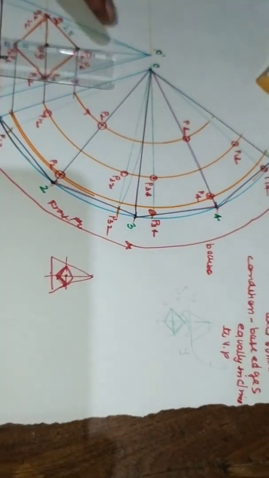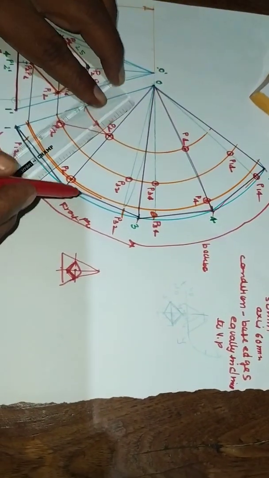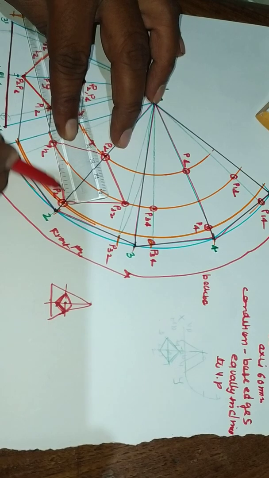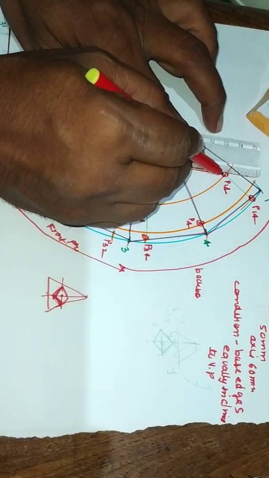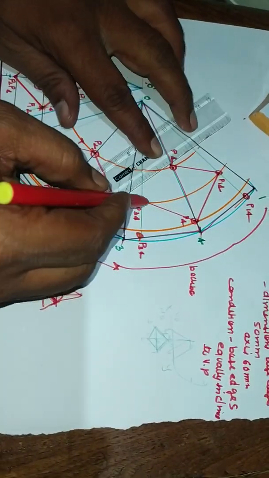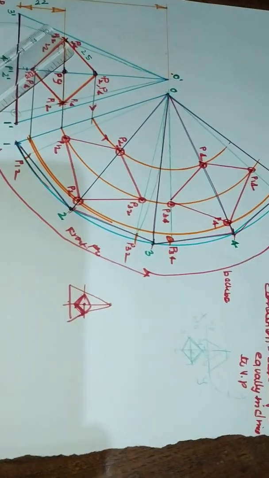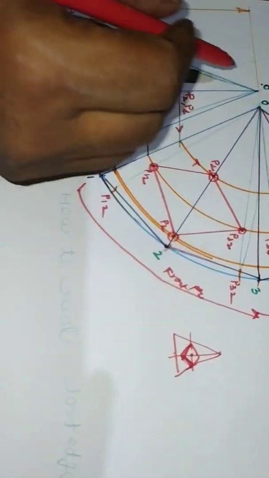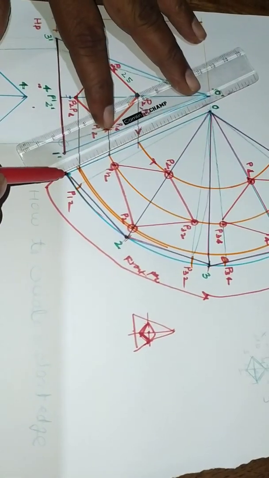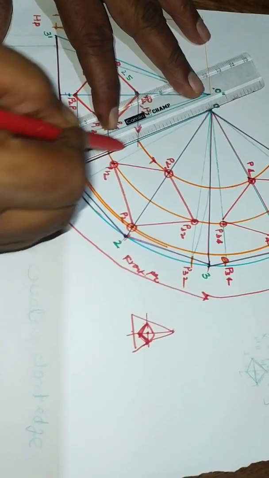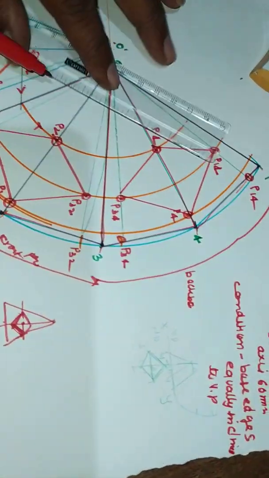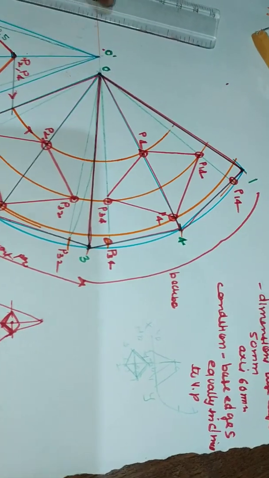Now just draw with the scale. Here O3 and O2 are completely dark, so I will darken O1 and O3 completely. Which lines are cut?